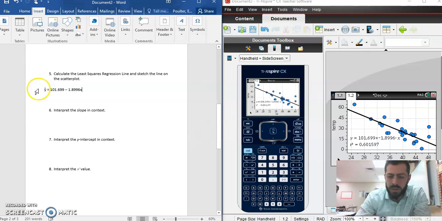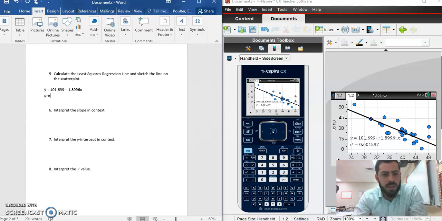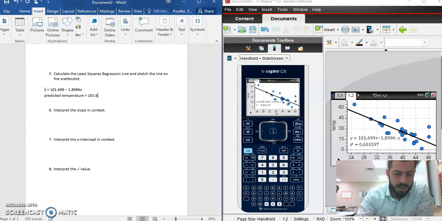So what this means is, remember, our y hat is our predicted y value, and our x in this case is our latitude. So another way we could write this, and probably the way we should, is the predicted temperature at a specific location in the U.S. equals 101.699 degrees, and this was Fahrenheit, minus 1.8996x.